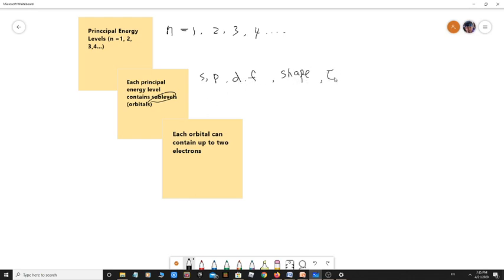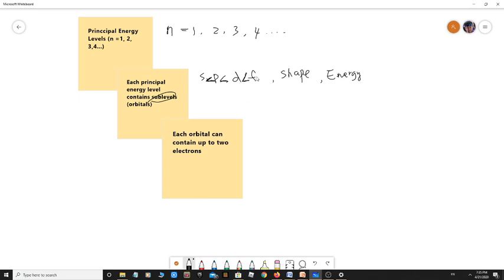Second of all, energy. In general, as long as you're located on the same principal energy level, the S sublevel would have the lowest energy, P would be the second lowest, D would be the second highest, and the F sublevel is usually believed to have the highest energy compared to the rest of the sublevels.